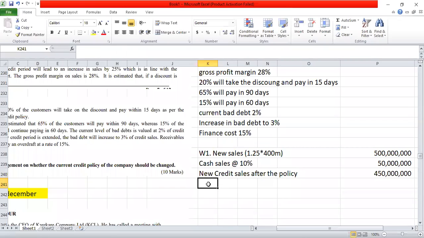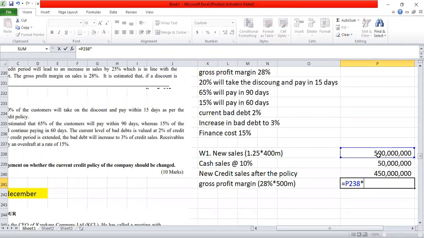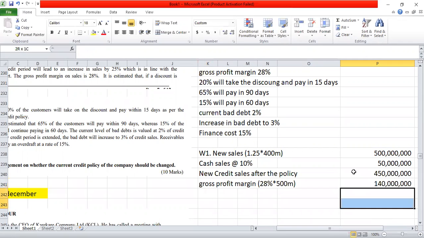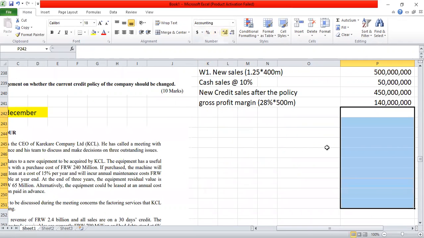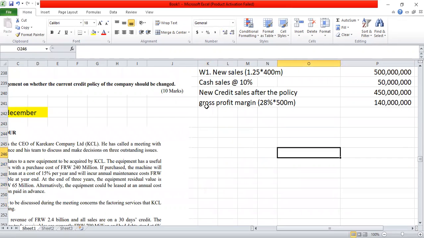So our gross profit margin is 28% times 500 million, the new gross profit margin after you have increased the sales.